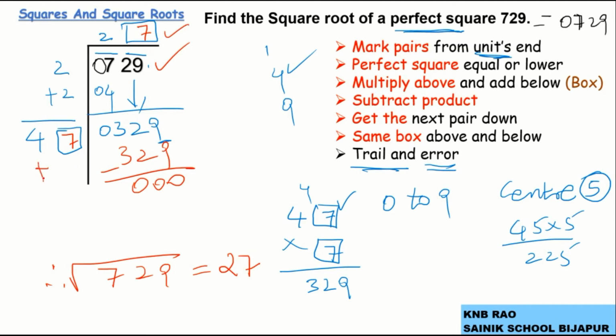So we can cross check. 7 added to that digit below here, 47, gives 54, which is the double of 27. So that's how we do it for a number containing an odd number of digits. Now we shall take further a 5 digit number. Find the square root of a perfect square, 10,609.